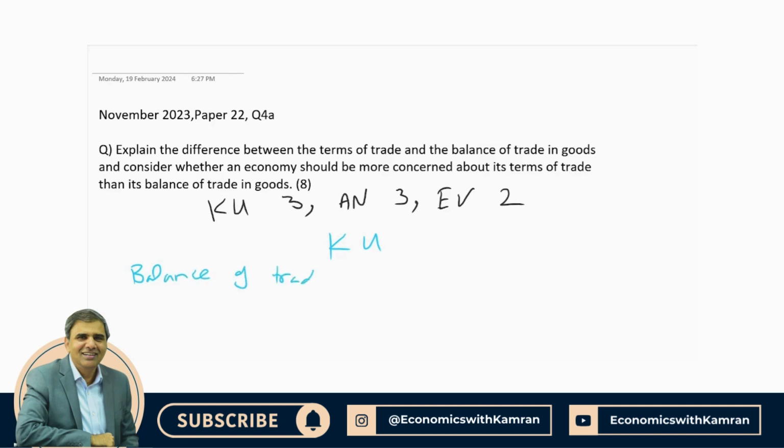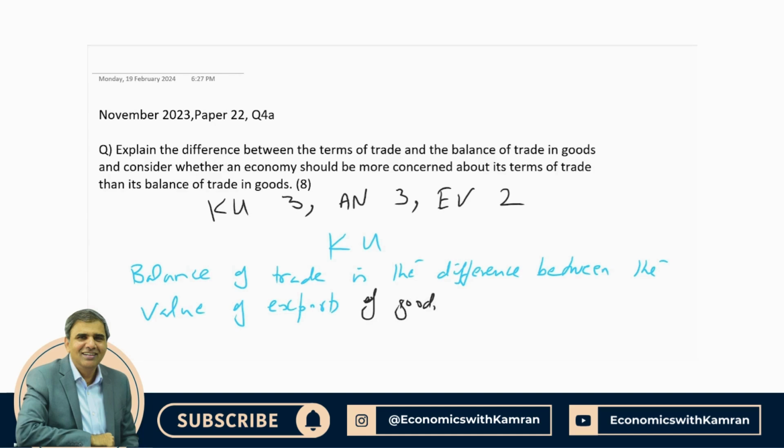So balance of trade is the difference between the value of exports, and the key word I am writing is goods.